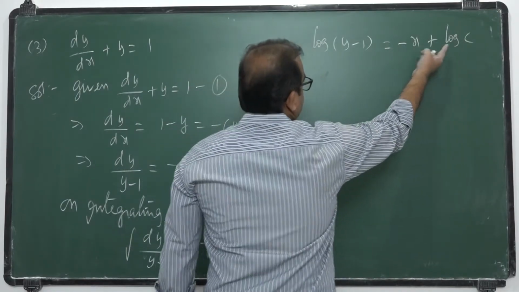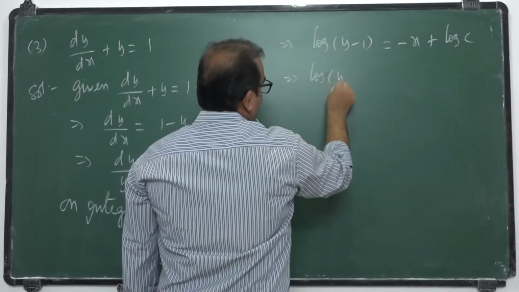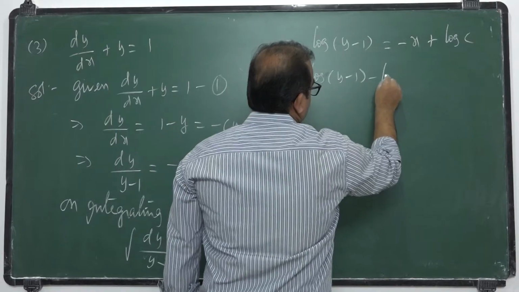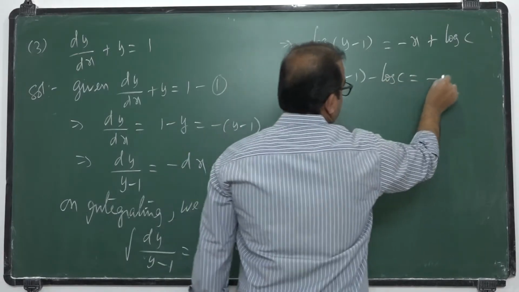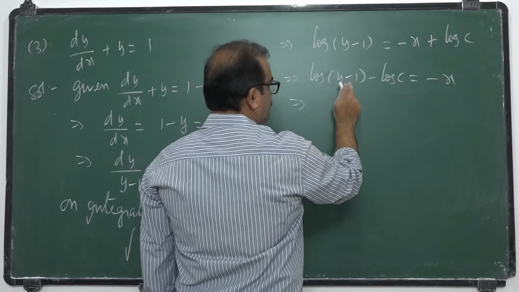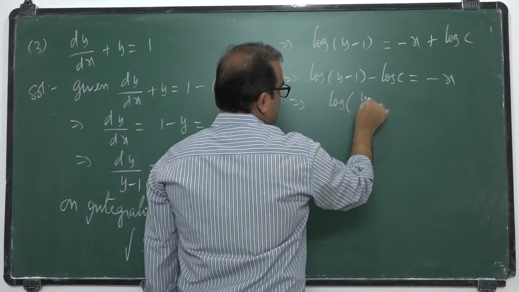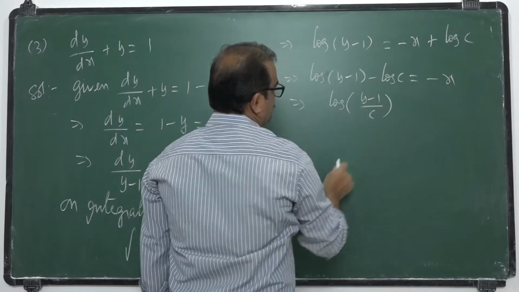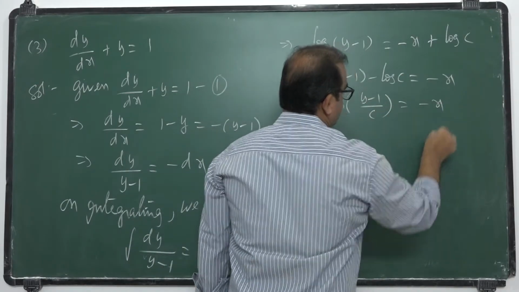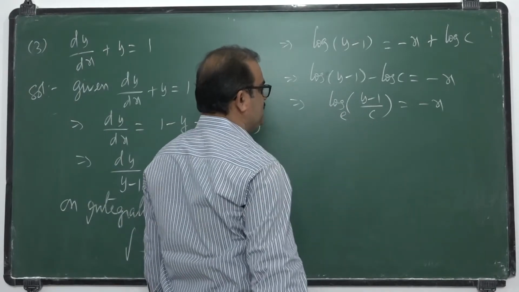Okay, take this log c to left hand side. Log of y minus 1 minus log c is equal to minus x. It is in the form of log m minus log n, that is log of m by n, so log of y minus 1 by c is equal to minus x. Generally logarithm means base e.